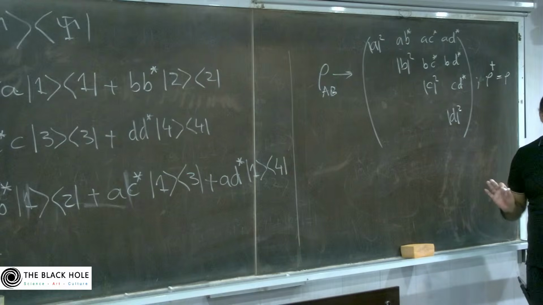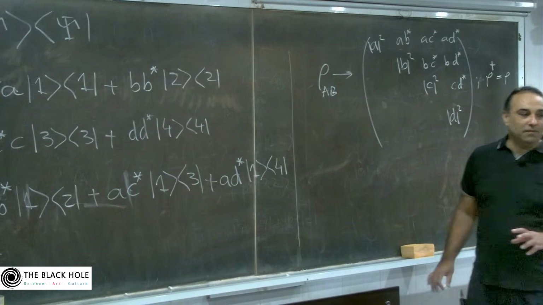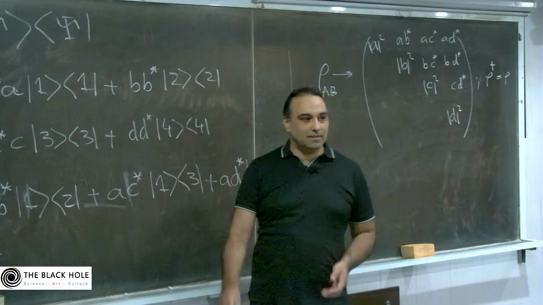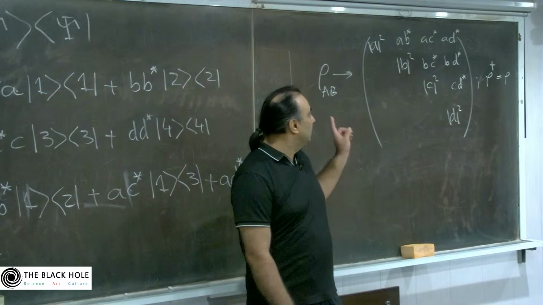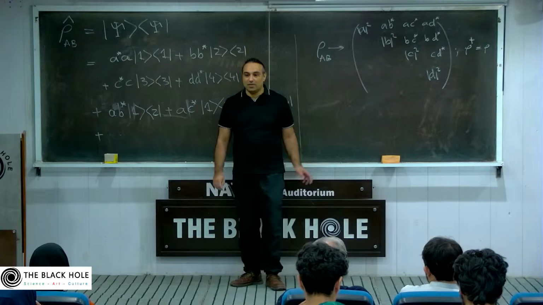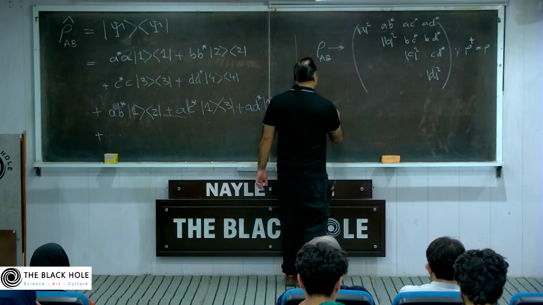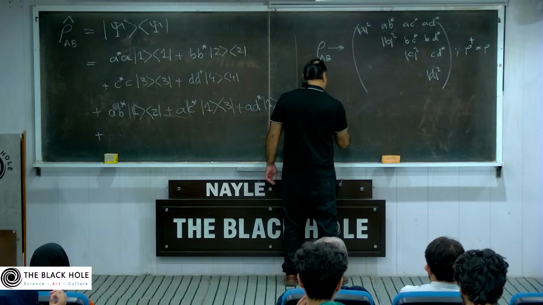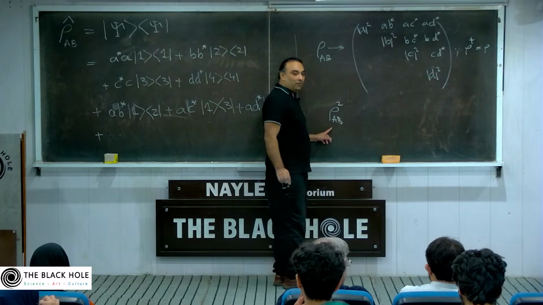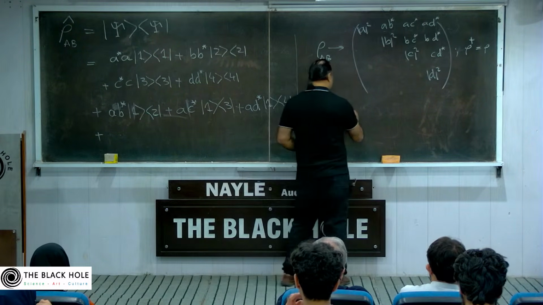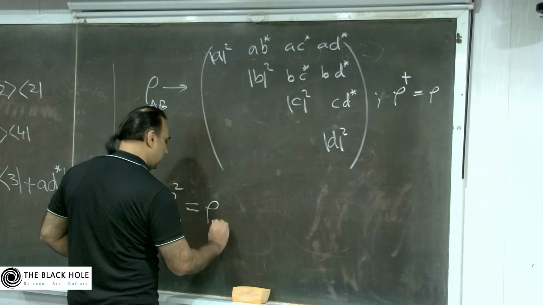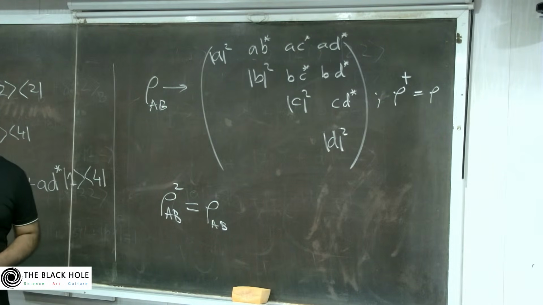So it's this matrix, and if this were an isolated system, as it actually is, then we can always compute this quantity and see that it is equal to the matrix itself.